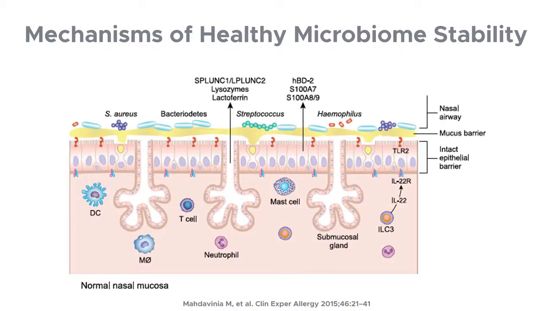So consider this cartoon as an example of a healthy microbiome epithelium interaction. You can see that the epithelium is neat and intact, that the surface is covered by normal flora or normal microbial organisms.